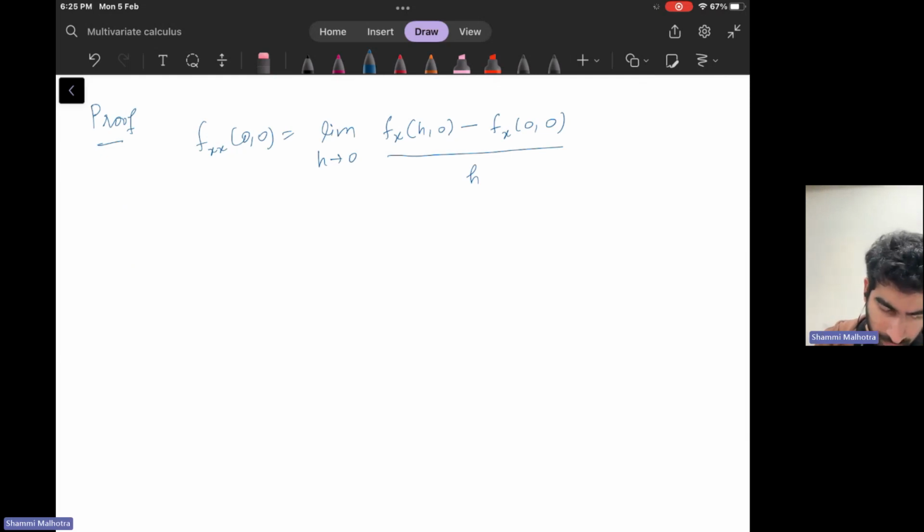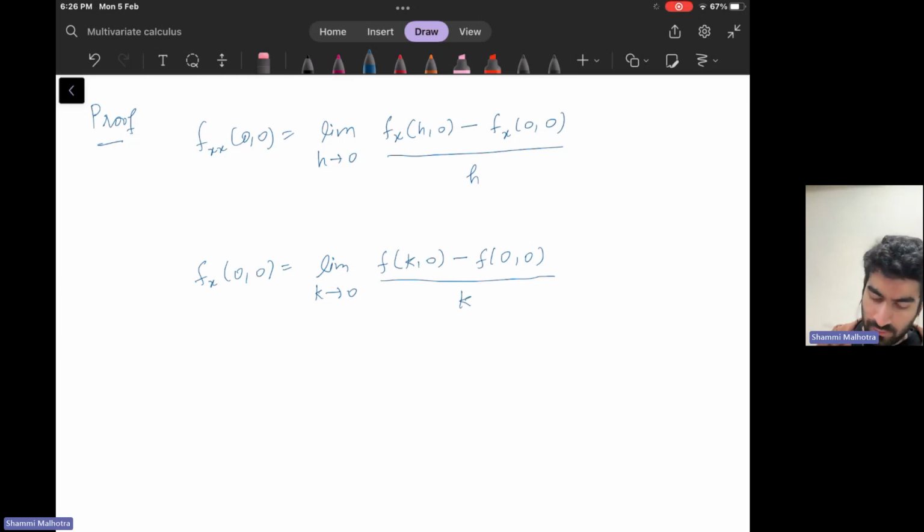So fx at (0, 0) will be just the limit as k tending towards 0 of (f(k, 0) minus f(0, 0)) whole divided by k.